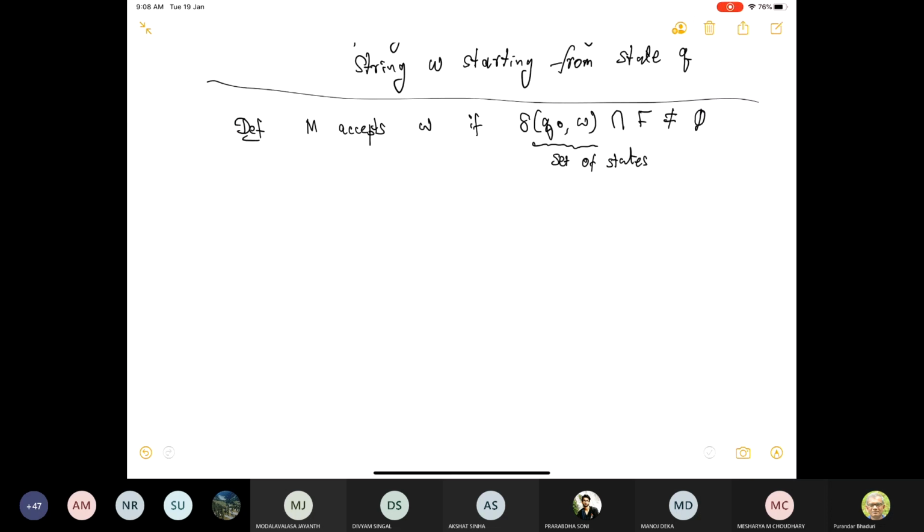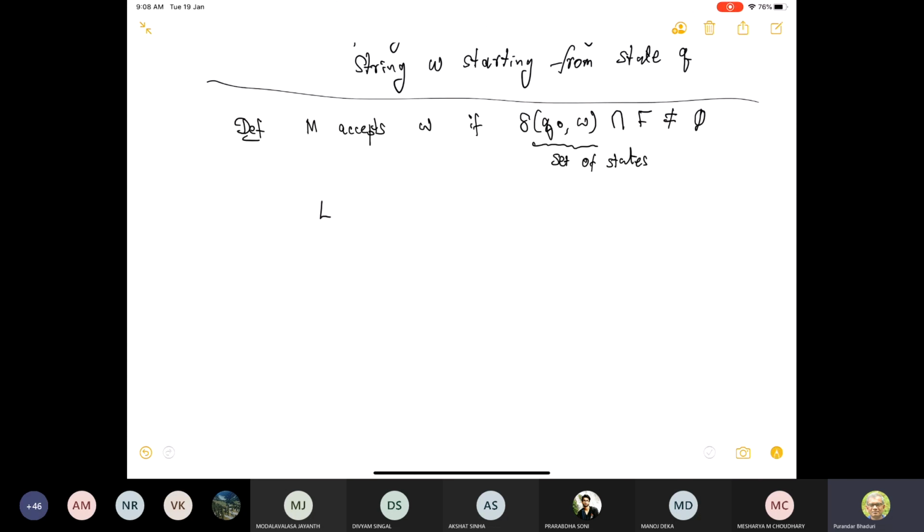So this says that M accepts a string W if it is possible to reach some final state after reading W starting in the initial state, right?